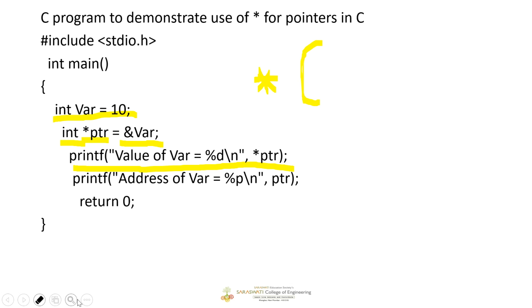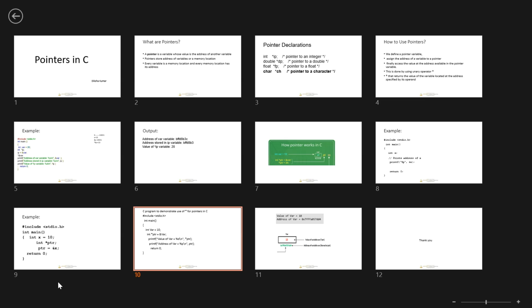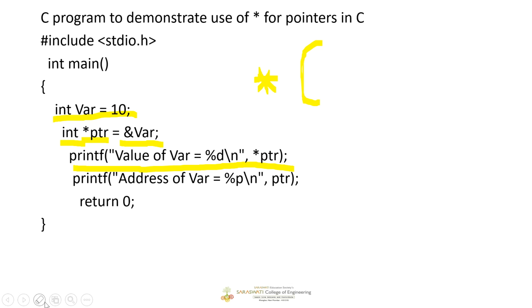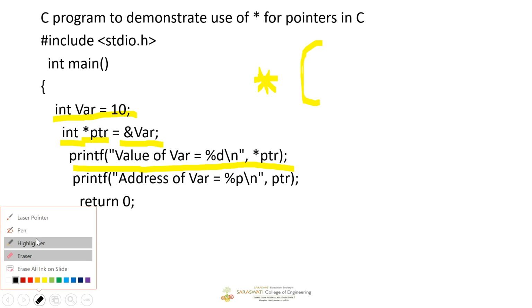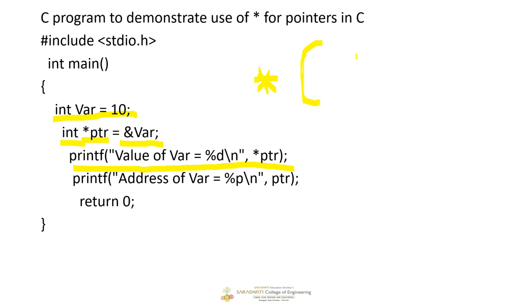Okay, let me try again. Yes, so this says print star ptr. So I have written star, and then within bracket I am writing what ptr is. ptr is ampersand var.